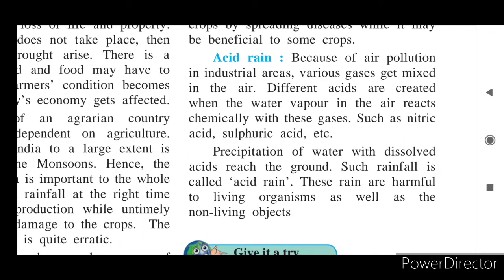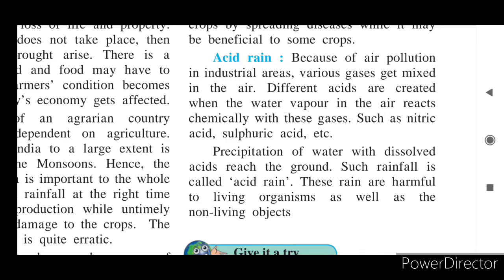Because of air pollution in industrial areas, various gases get mixed in the air. Different acids are created when the water vapor in the air reacts chemically with these gases, such as nitric acid, sulfuric acid, etc. So here it is saying that there are a number of gases present in our atmosphere.